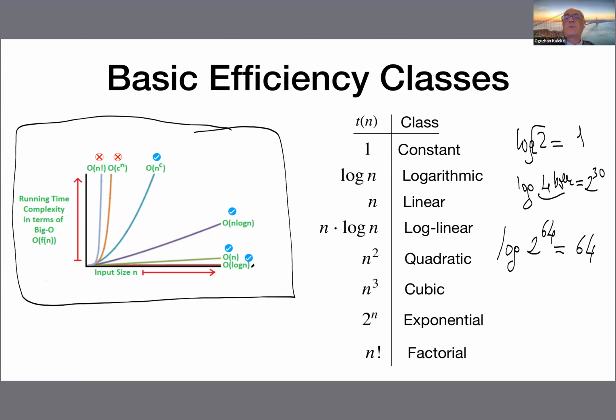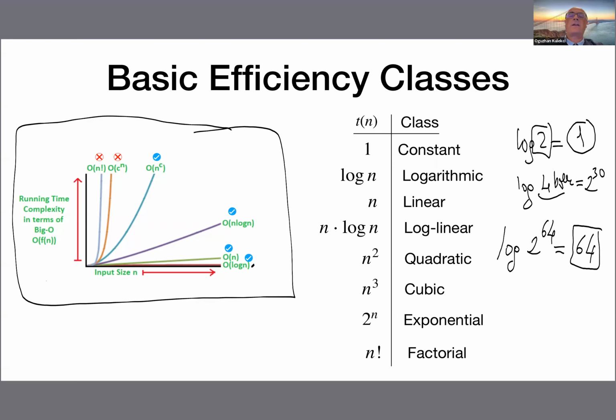With an input size of 2, let's assume, without loss of generality, the execution time is 1 second. When it becomes 2 to the 64, so that is billions of billions times greater than this input size, it will be just 64 seconds.